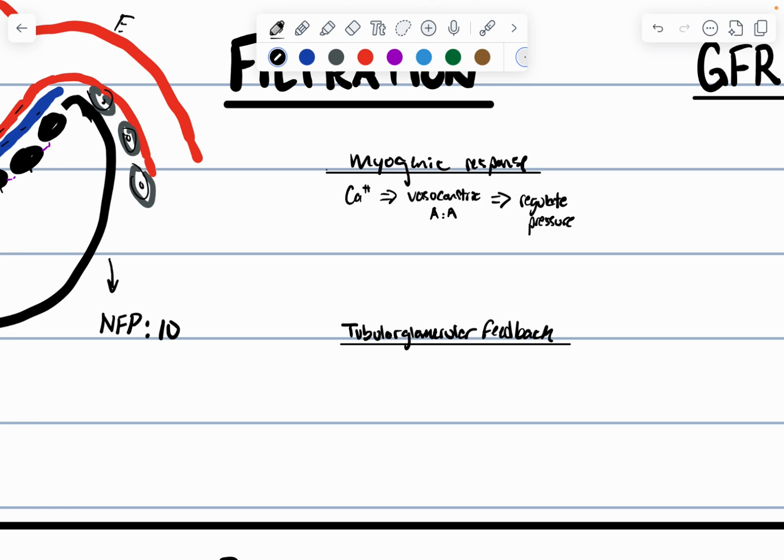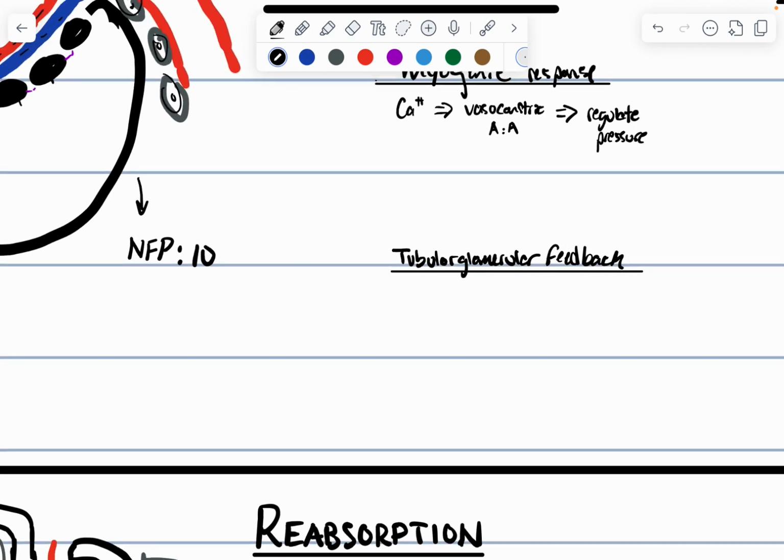Another way is our tubular glomerular feedback. Okay, and basically what this one is, our GFR is synonymous, not synonymous, that's the wrong word, but it goes up when our blood pressure goes up, goes down when blood pressure goes down.